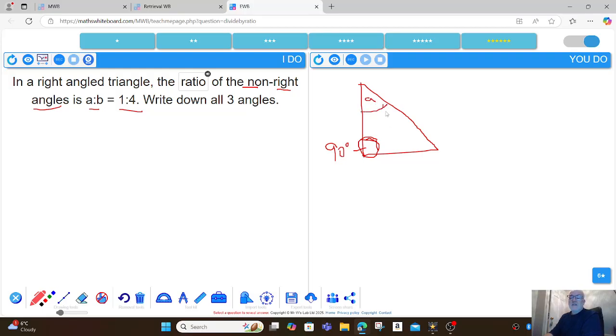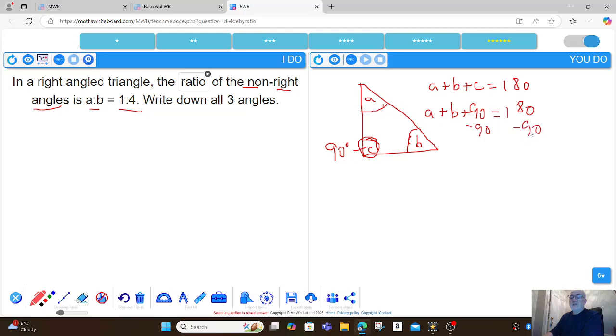So that means knowing the rule that A plus B plus C has to equal 180 degrees. And we know that C is 90 degrees. So A plus B plus 90 equals 180.